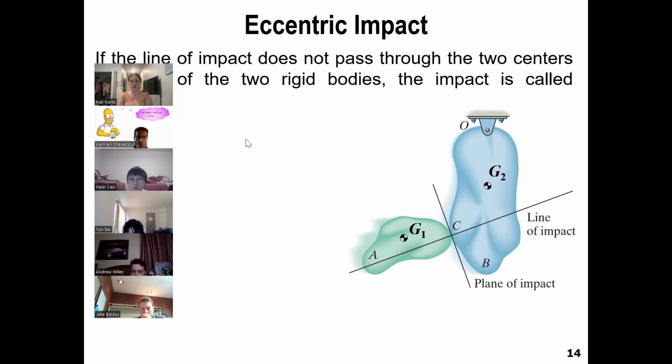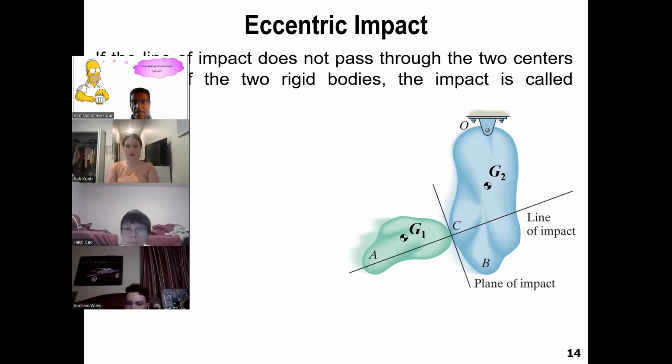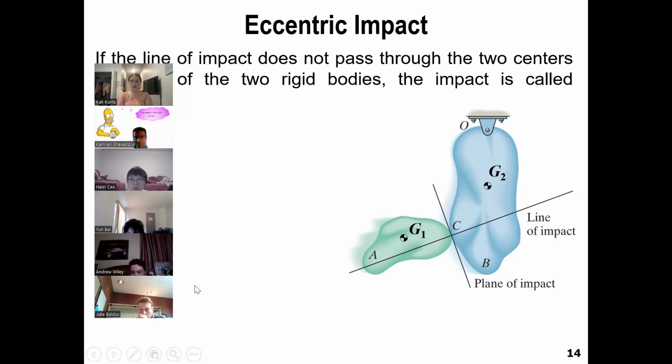Haojin, do you think the reaction forces at O are small regular forces like gravity and other stuff, or are they also big?